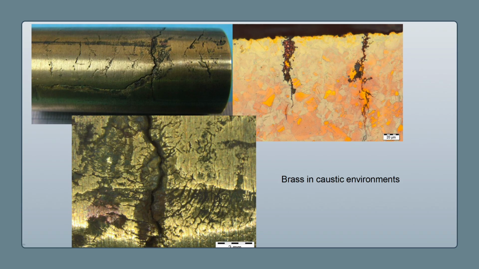But one of the nicest examples that I've looked at fairly recently is a failure of brass. Brass is basically an alloy of copper and zinc. It's a solid solution alloy. And in this case, we had a brass tube that's come from a caustic environment. So it's a condensing turbine.